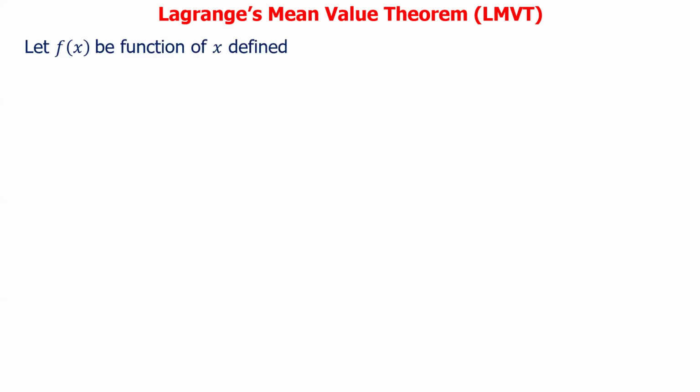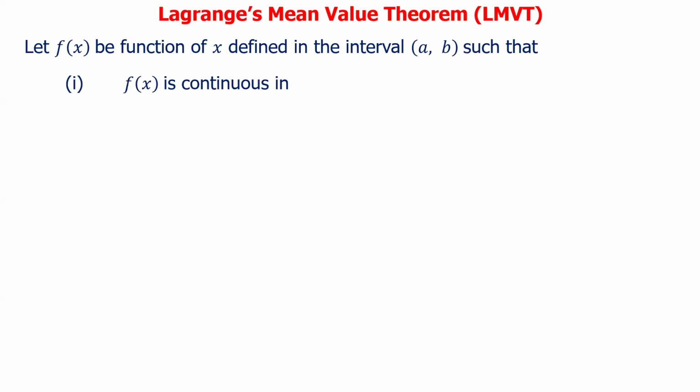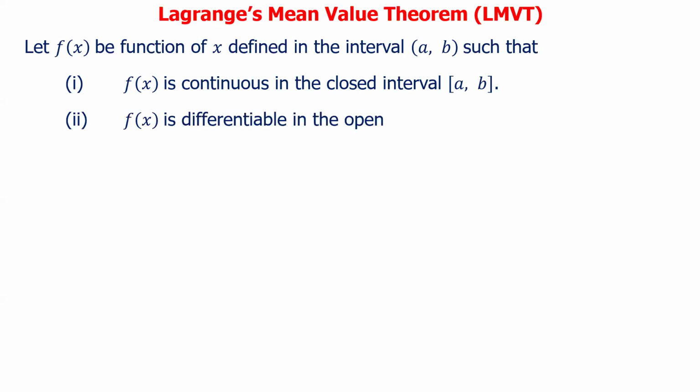Let f(x) be a function of x defined in the interval [a, b] such that first, f(x) is continuous in the closed interval [a, b]. Second, f(x) is differentiable in the open interval (a, b).